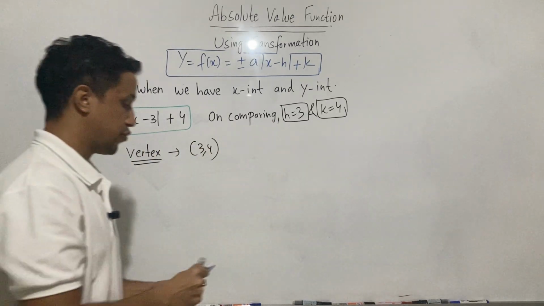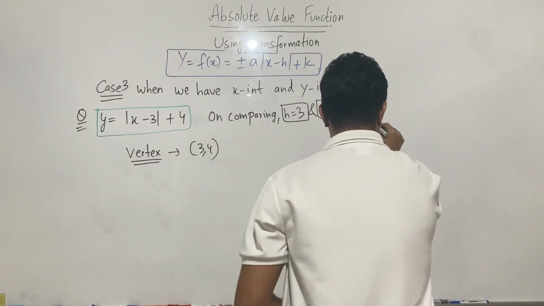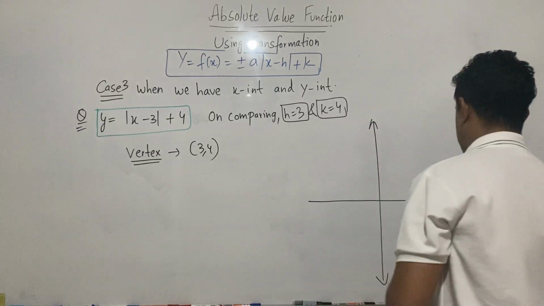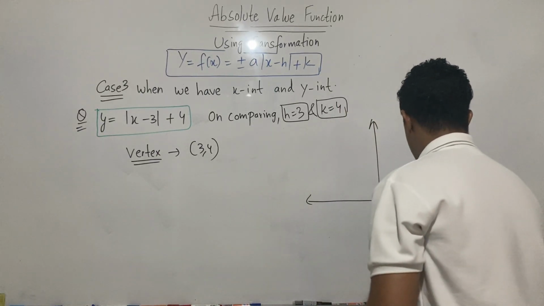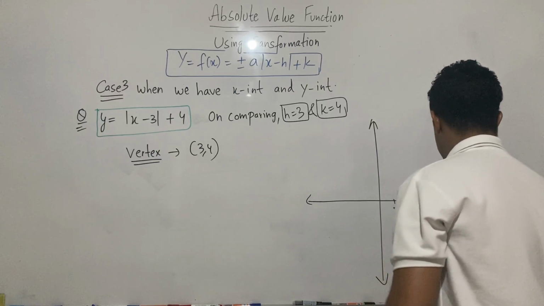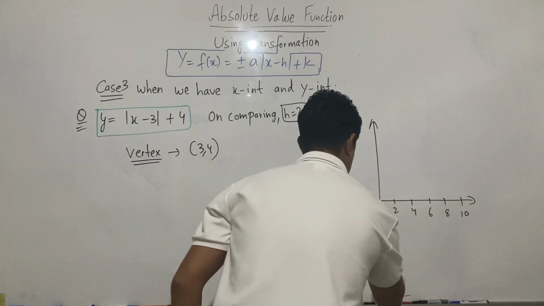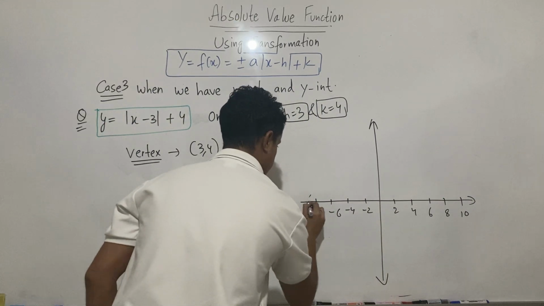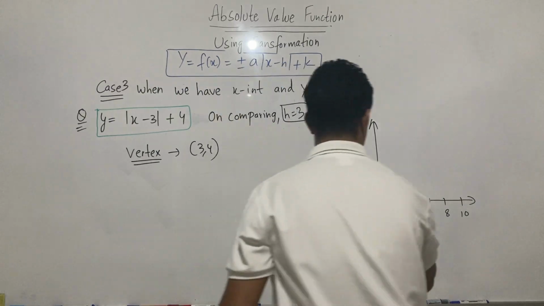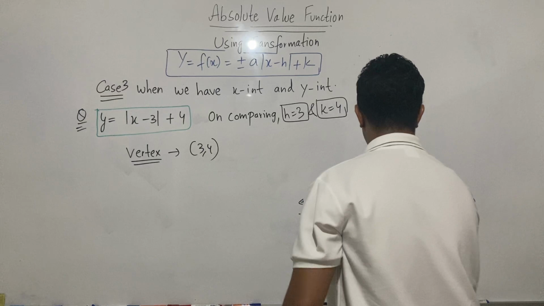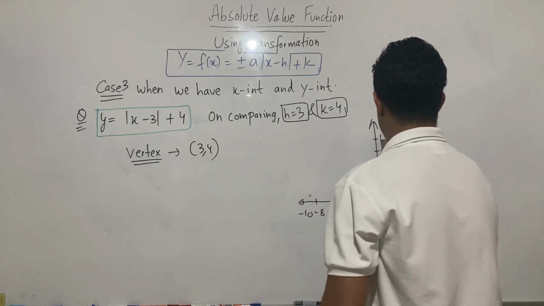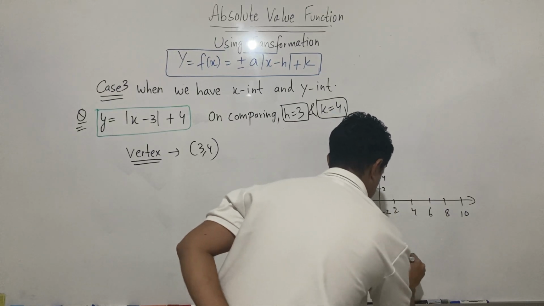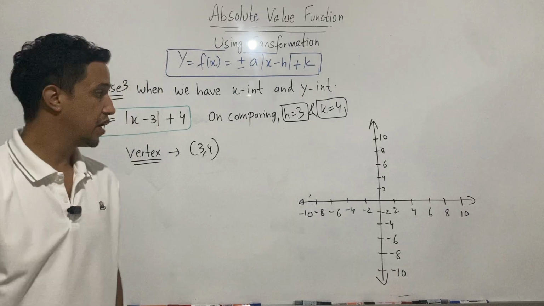So let's sketch the graph. 2, 4, 6, 8, 10, minus 2, minus 4, minus 6, minus 8, minus 10 on both axes.